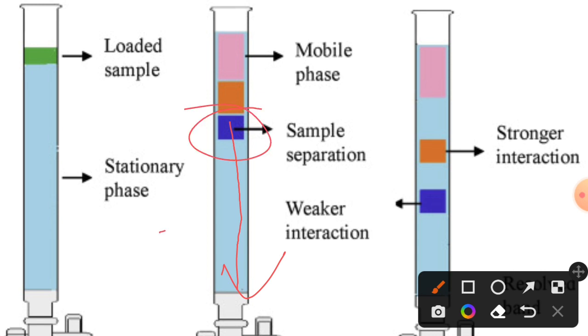Suppose this one is our sample, then we will add an elution buffer that contains some molecule that has a better affinity to the solid matrix than the protein. So this elution buffer will help us to isolate our desired protein sample, okay.